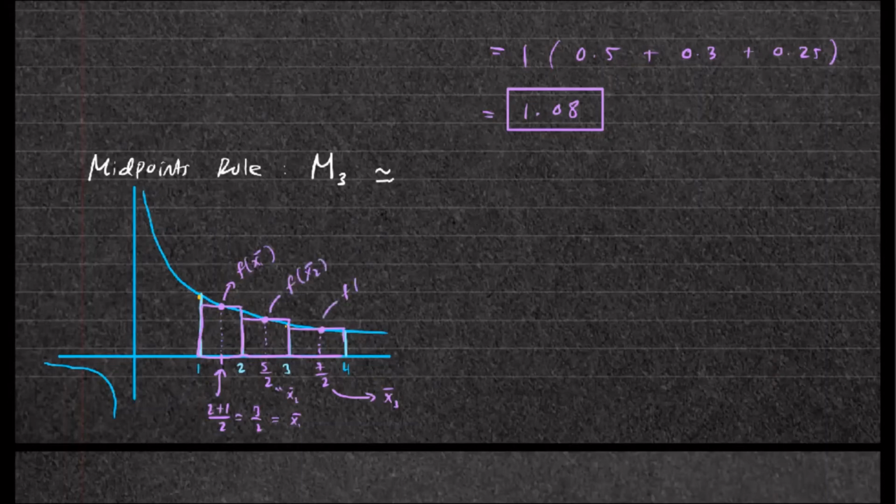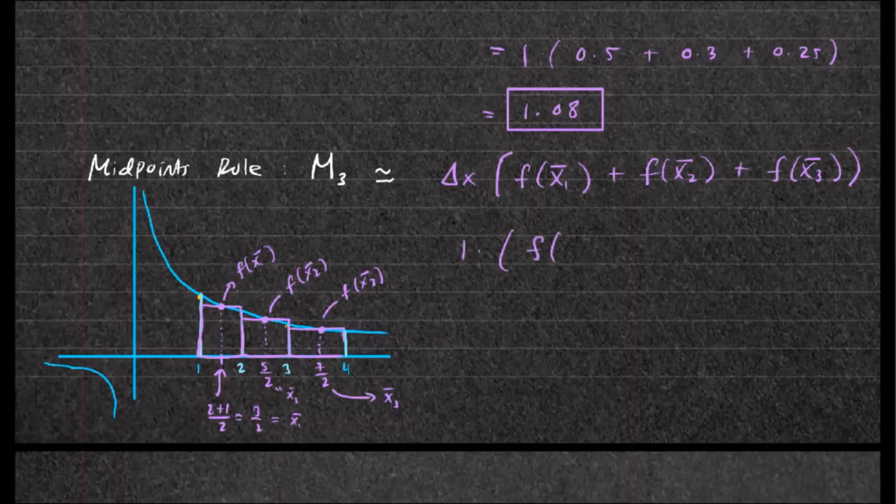And this is f of x3 bar. So the formula is delta x times the height of each of these midpoints. So the first one is x1 bar plus x2 bar, and the last height is x3 bar. Delta x is again still 1 because it's the same problem, just different method.